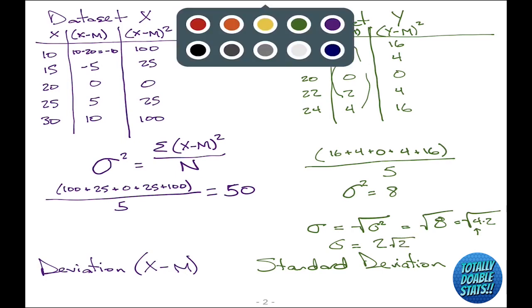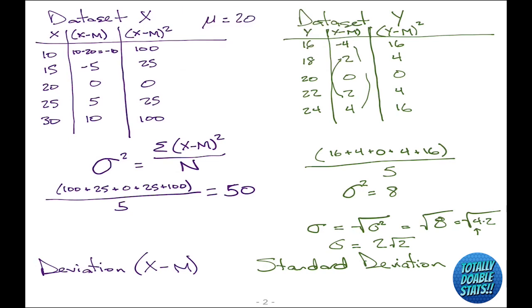Back on the first data set, I'm looking at sigma being the square root of 50, which is kind of like the square root of 25 times 2, right? And I can take the square root of that 25, so it's 5 times the square root of 2.